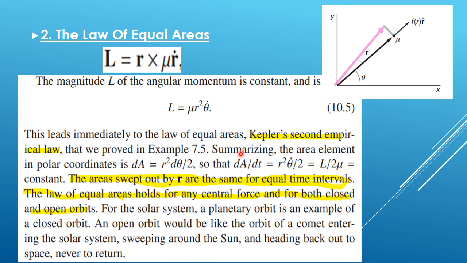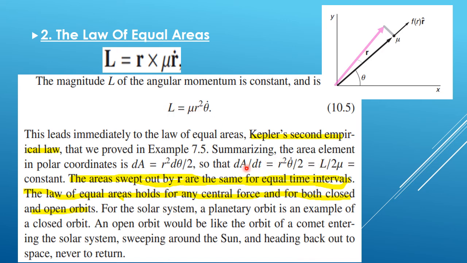Now what is dA by dt, which is the area swept out in a time dt? When we differentiate it, you get r square theta dot by 2. So what is r square theta dot? It is substituted as L by mu.